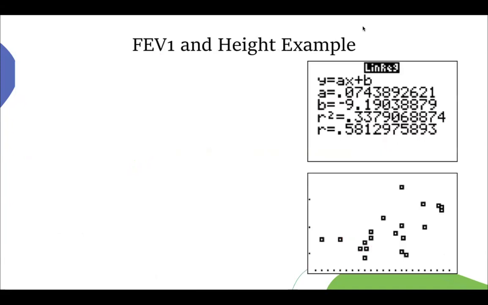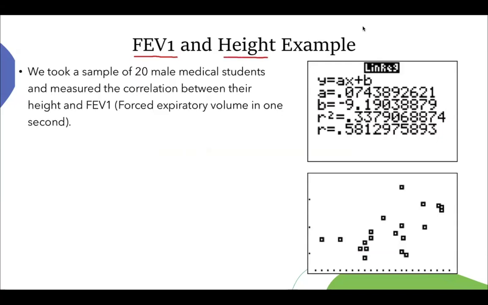These are screenshots from what we arrived at with our calculator at the last lecture. We measured the relationship between FEV1 and height. FEV1 was forced expiratory volume in 1 second. This was from a sample of 20 male medical students, and we measured their height and FEV1 values.